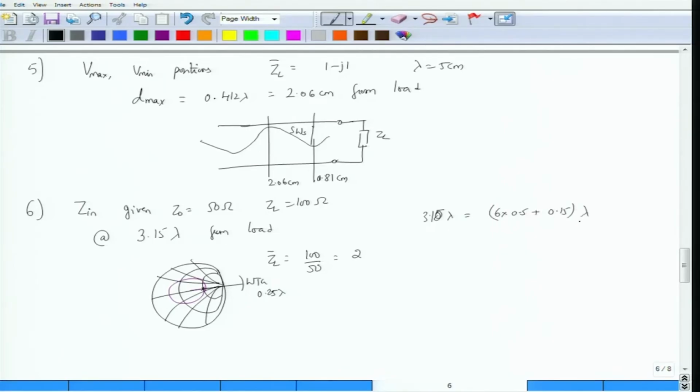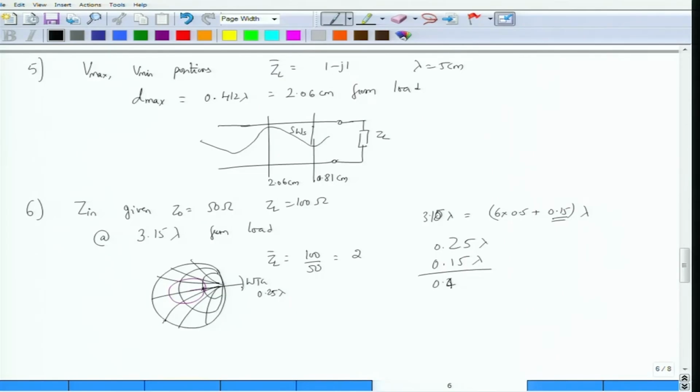Which means that you start from this point, 6 times you come back to the same point, and from there you move 0.15 lambda, because that is the value that is less than 0.5. So you start with 0.25 lambda, then you move 0.15 lambda for a total of 0.4 lambda. So 0.4 lambda happens somewhere over here.